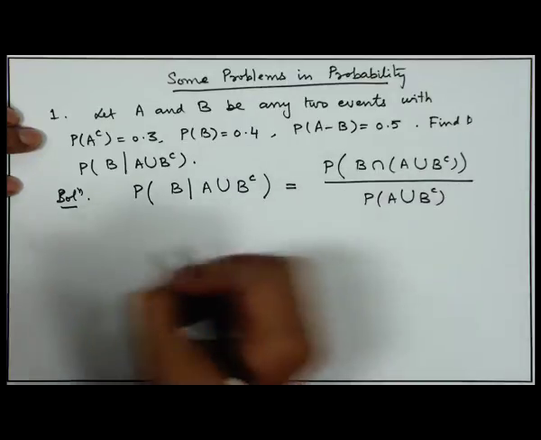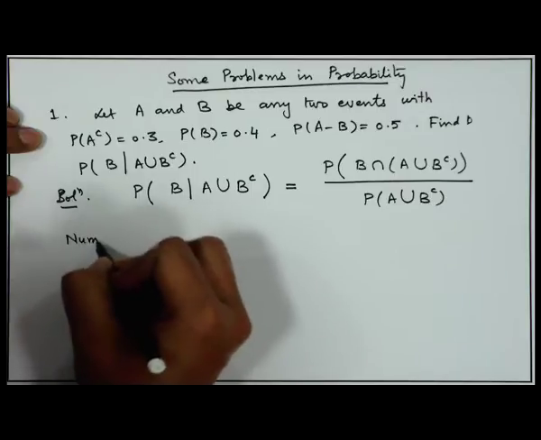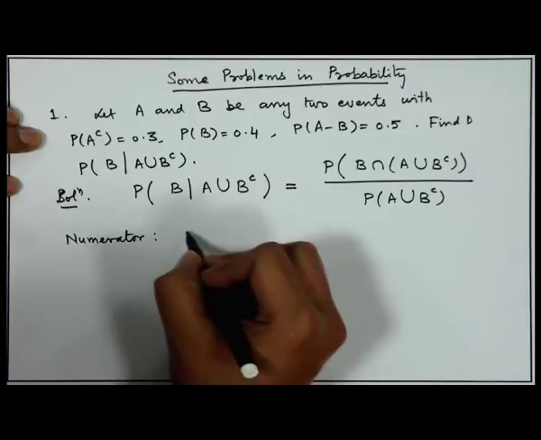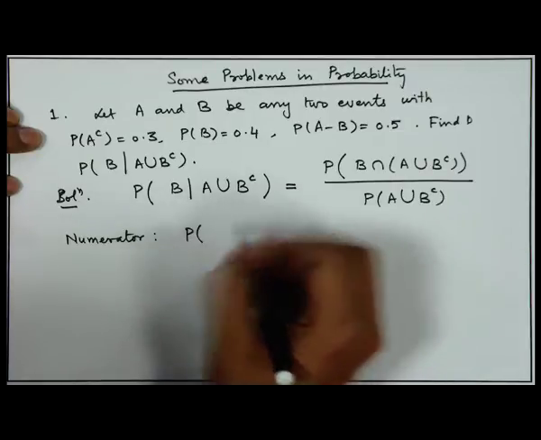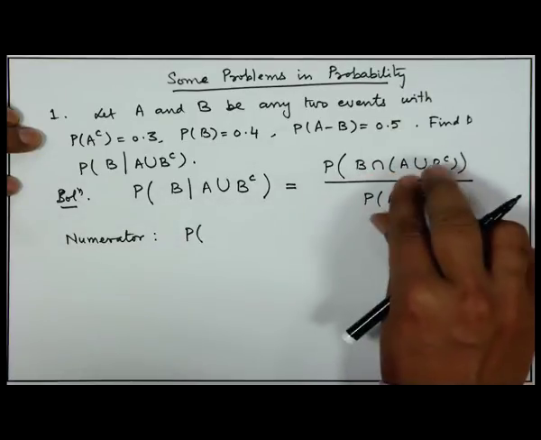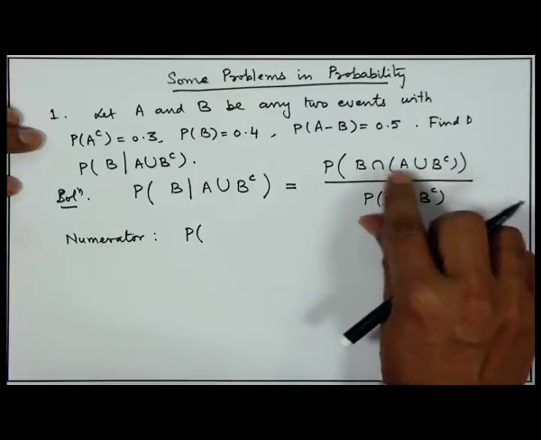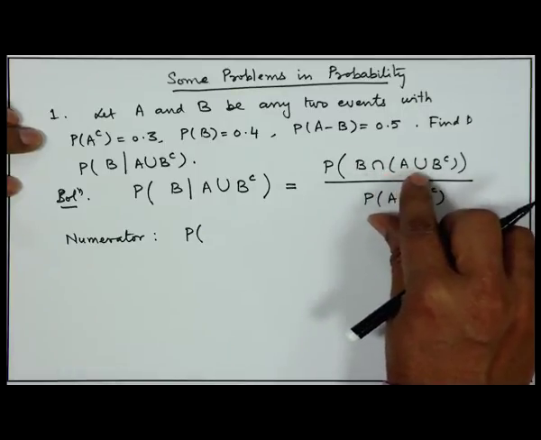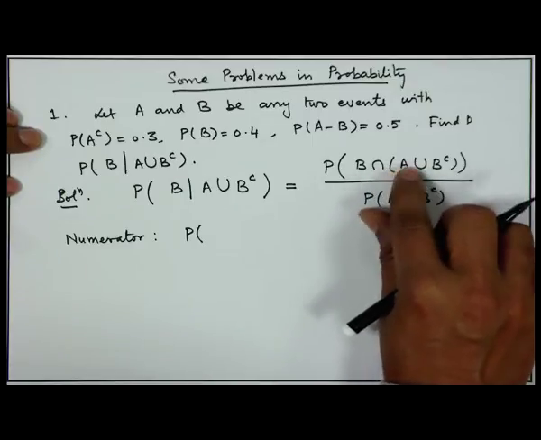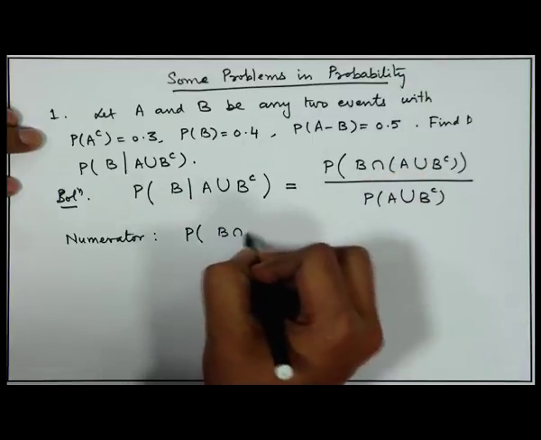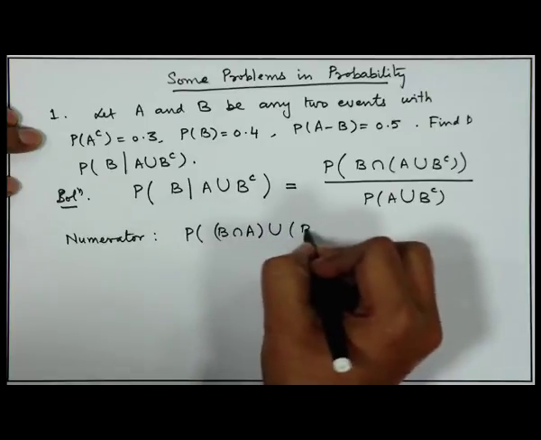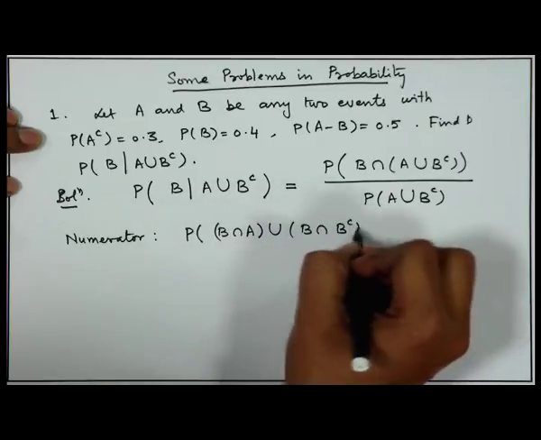Now, let us look at the numerator here. Let us simplify this, that is probability of B intersection a union of two events. So, we can apply the distributive property of unions and intersections. So, this becomes B intersection A union B intersection B complement.